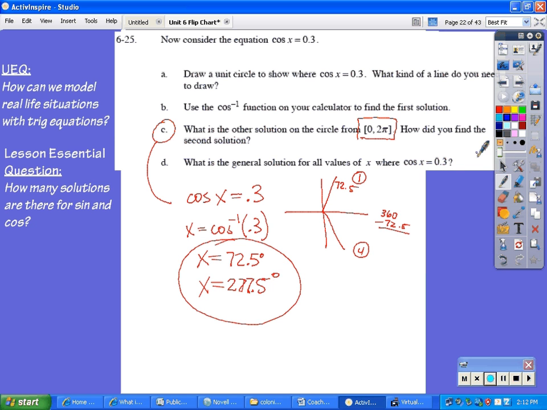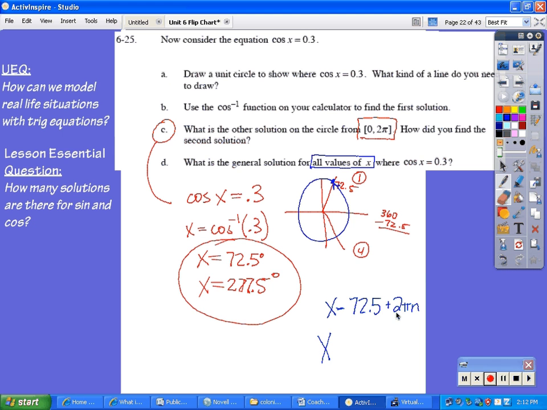However, if I want to go for all values of x, again, that was the process we talked about today, I would have to add an entire 2 pi to it, another 2 pi, and another 2 pi, and so on and so forth. So for all values of x, I'd have 72.5 plus 2 pi n. Excuse me, false. Mr. Warner's mistake.